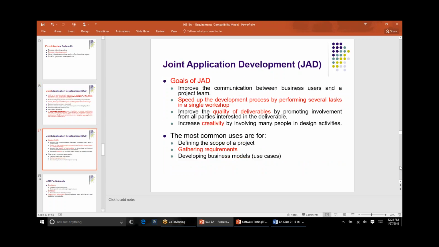Goals of a JAD. What does the JAD do? So the first thing is it improves the communication, because people are working together.